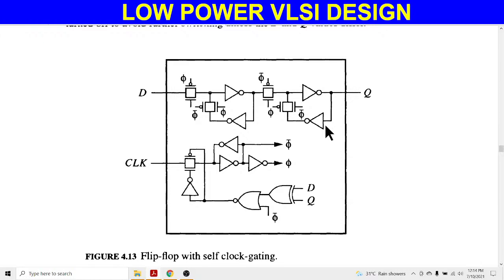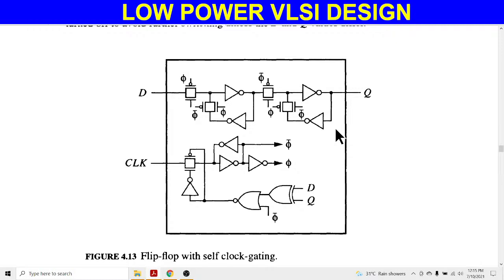Okay, so part of the clock power that is provided to the flip-flop is also provided as an internal clock buffer to control the transmission gates. Here these are the transmission gates. Various transmission gates are connected here.